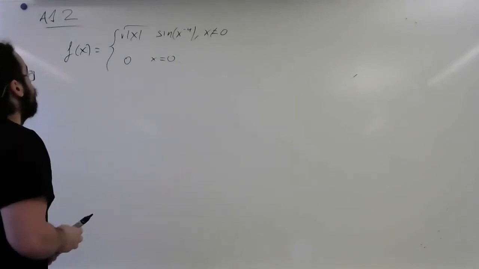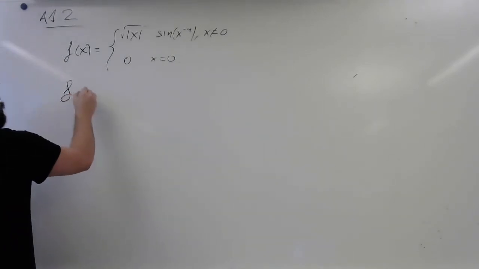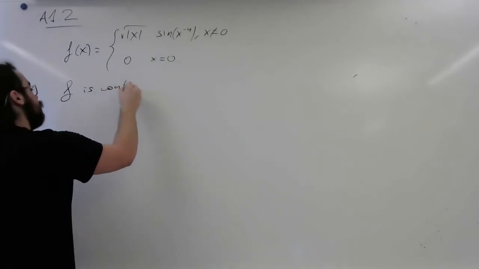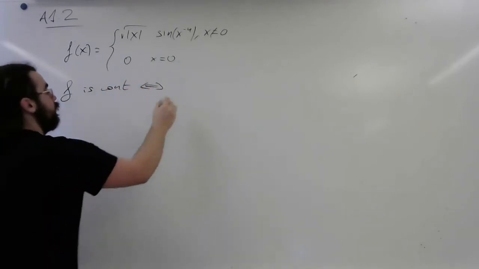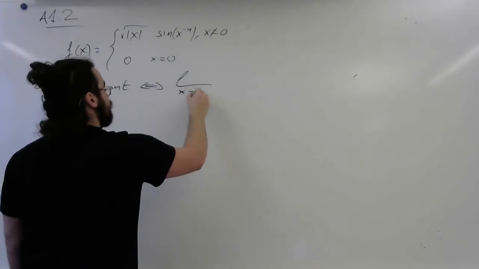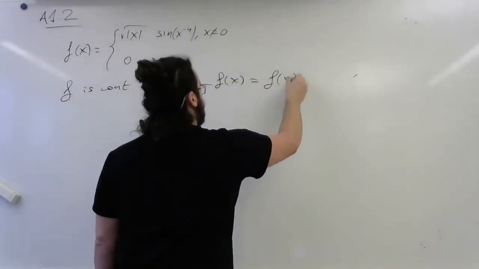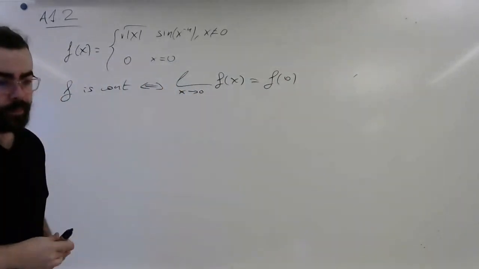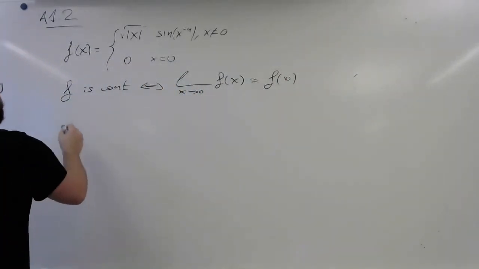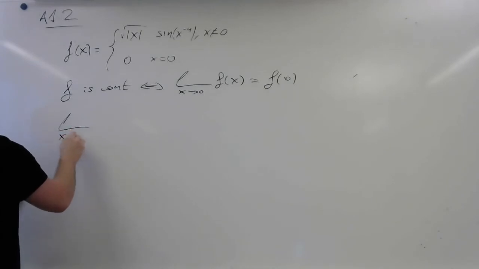Probably and hopefully today. Now, f is continuous if and only if the limit when x tends to 0 of f of x is equal to f of 0. Okay? So, we calculate the limits.